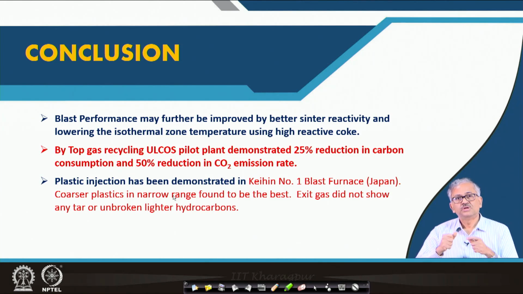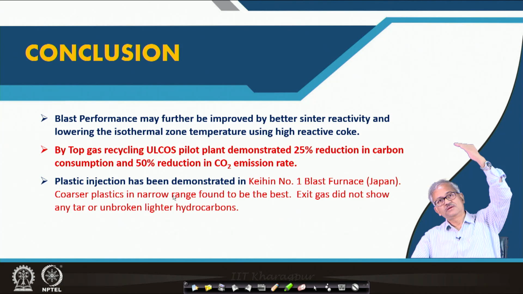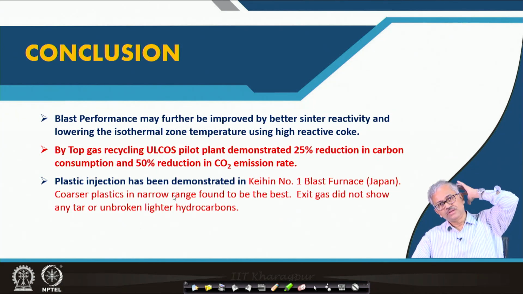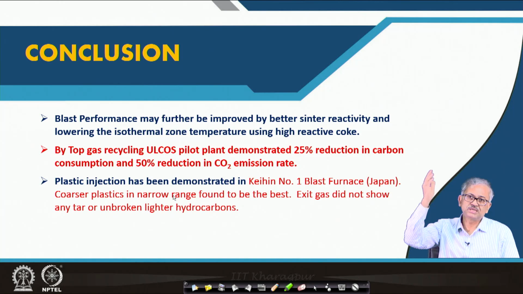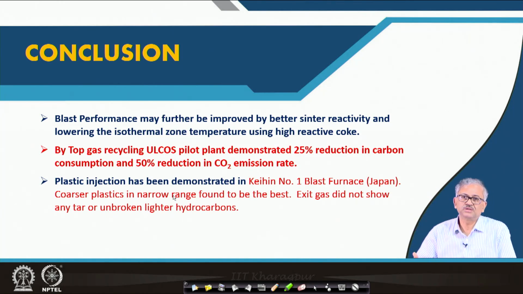Also, interestingly, they found that in the exit gas you do not have any tar or higher hydrocarbons. They all decomposed inside the blast furnace itself. That is the good thing, and the blast furnace exit gas composition is more or less similar to that obtained using pulverized coal. So plastic injection has been found to be very safe.